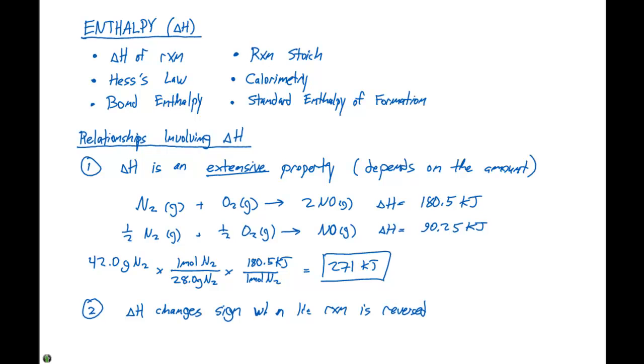So when we look at a particular reaction, such as 2NO as a gas becoming N2 gas plus O2 gas, our delta H is going to equal negative 180.5 kilojoules, which is the exact opposite as what we saw up here in this particular reaction. So when you reverse a reaction, the delta H is going to change sign.